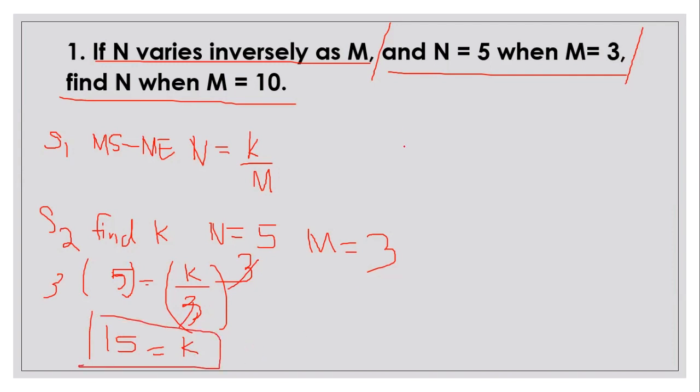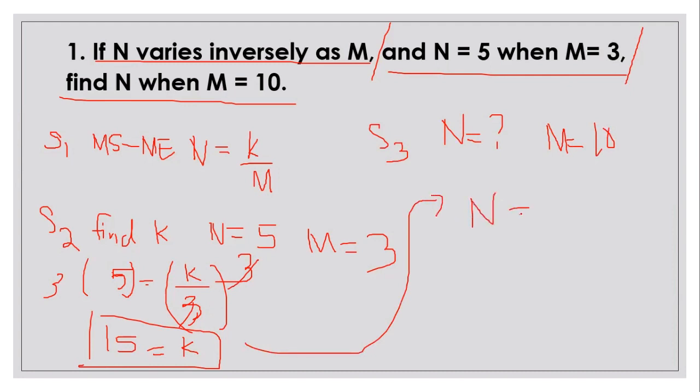The next step is to solve the unknown quantity. So we have to find the unknown quantity n, or unknown variable, when m is 10. So our equation now here is n is equal to 15 over 10. So we simplify 15 over 10 by the common divisor.